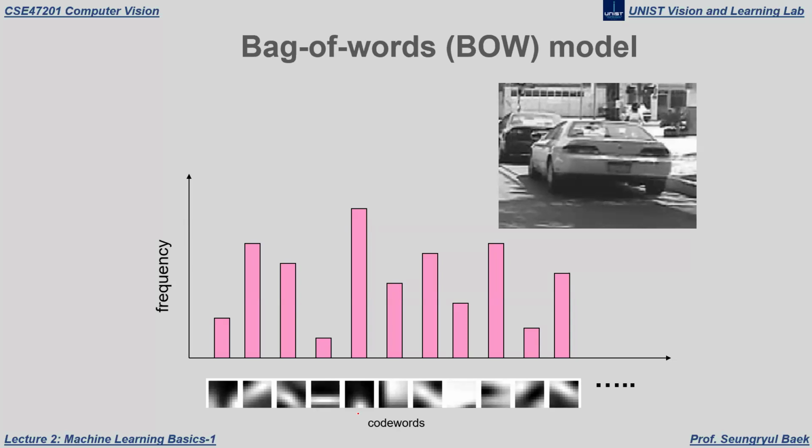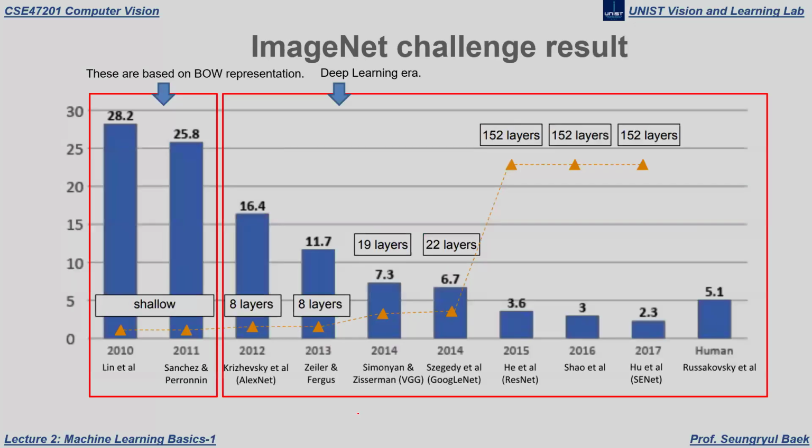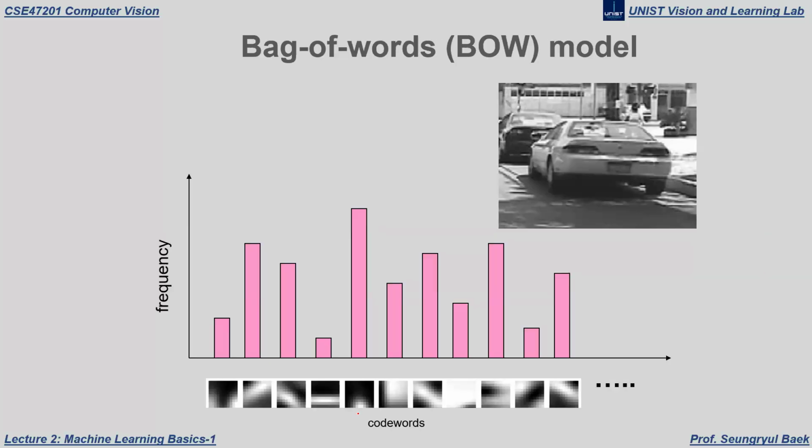And then we classified this BOW representation using SVM. That was the state-of-the-art algorithm, written in the leftmost part. I will explain it to you. And in this pipeline, they have both clustering and classification. So I think this is a good exercise for understanding what clustering is and what classification is.